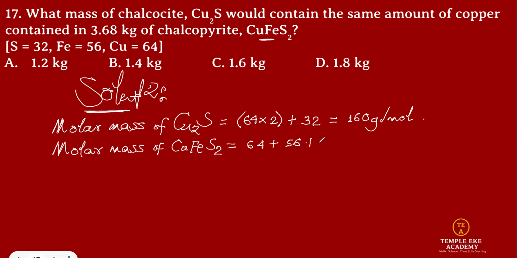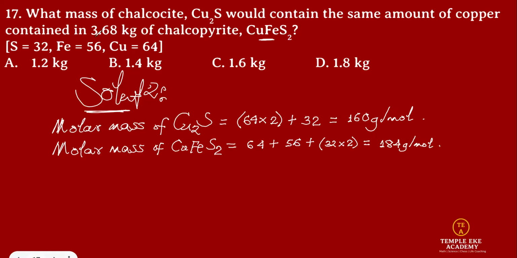Then plus, there are 2 atoms of sulfur, so we go 32 multiplied by 2. And we can compute this, of course. 64 plus 56 already gives us 120. And now 32 multiplied by 2 gives us 64. So 120 plus 64 gives us 184 in gram per mole once again. Now the 2 molar masses are well established.